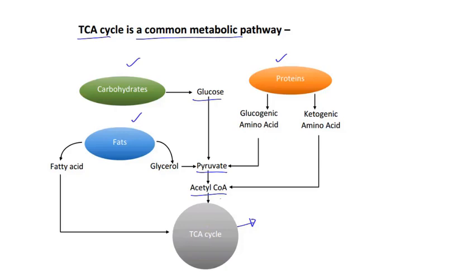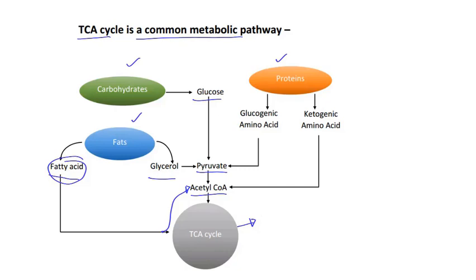On the other hand, fatty acid and glycerol come from fat. This glycerol produces pyruvate, which produces acetyl-CoA, and this acetyl-CoA enters TCA cycle. On the other hand, fatty acid produces acetyl-CoA, which enters TCA cycle.